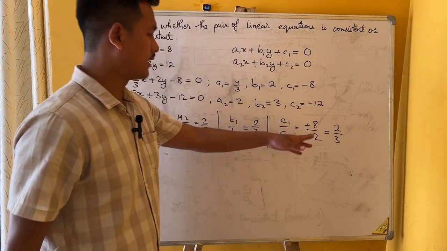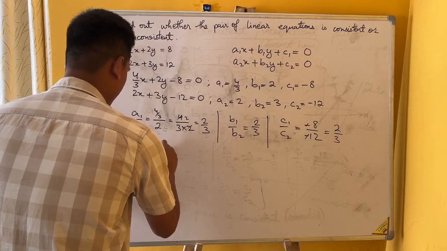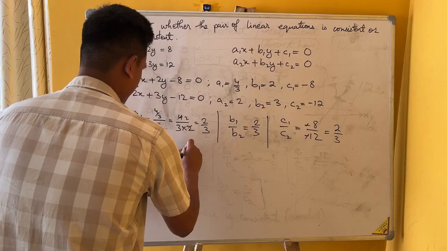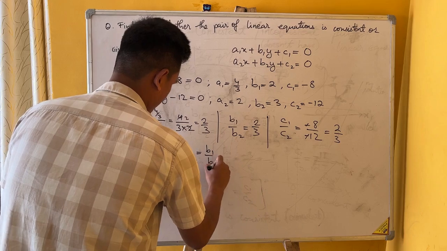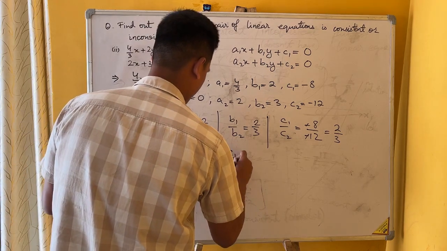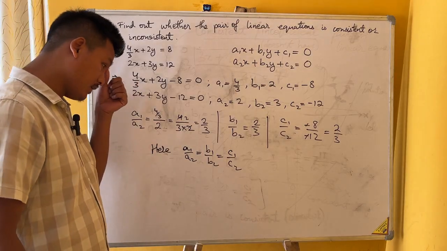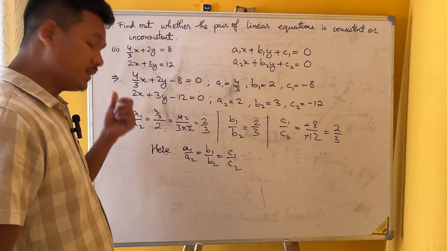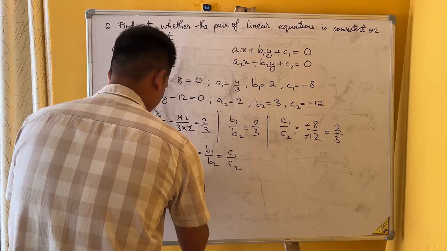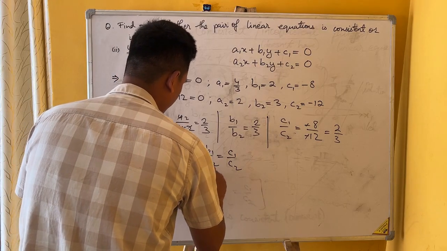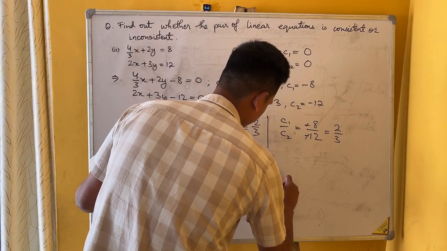So dividing by 4, it's 4 2s and 4 3s. So here also we see that the three ratios are equal or they are in proportion. Hence the pair is consistent.